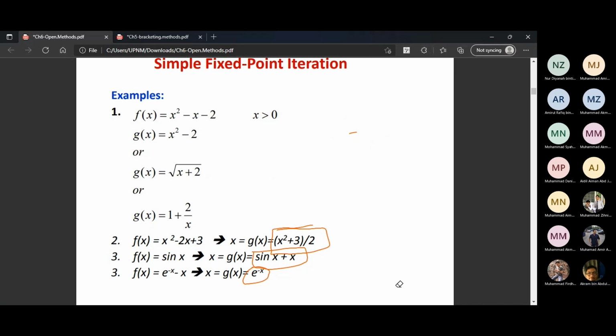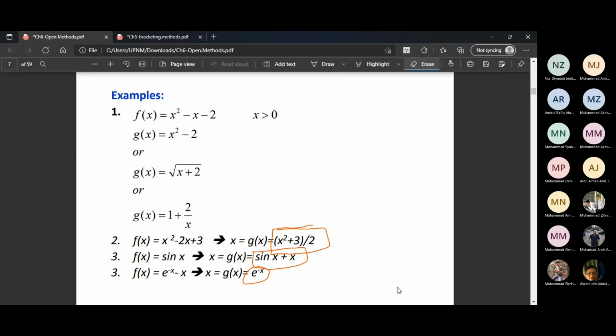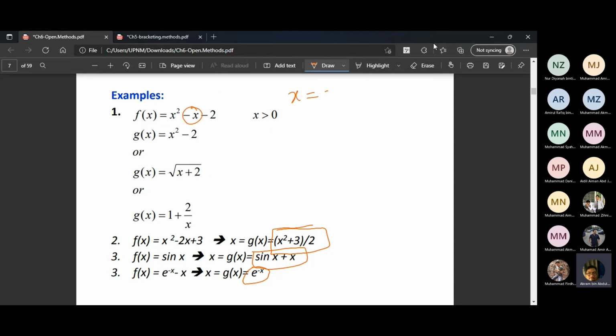First, let us take this x and move it to the left side, so x will be equal to x squared minus 2. So this is our x, this is our g(x).